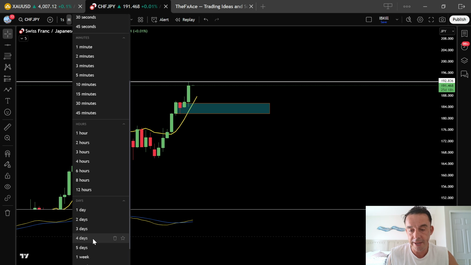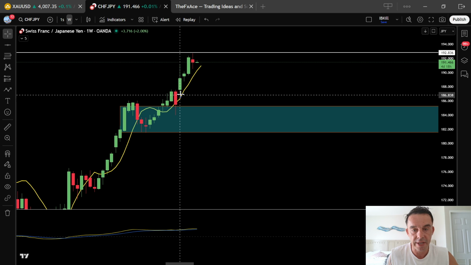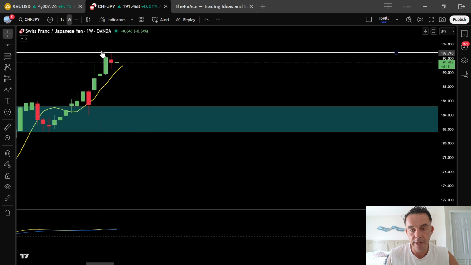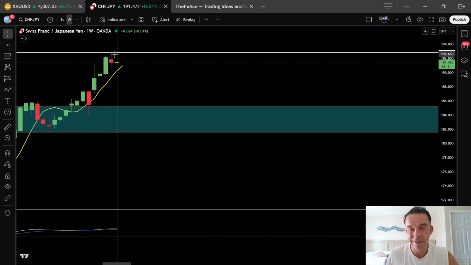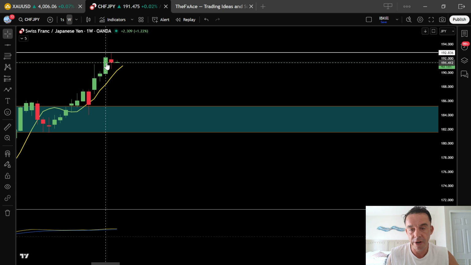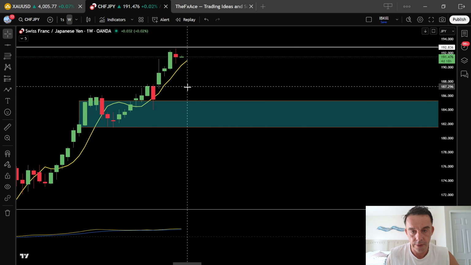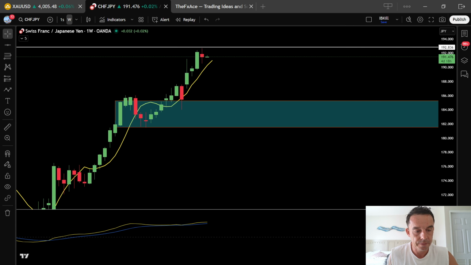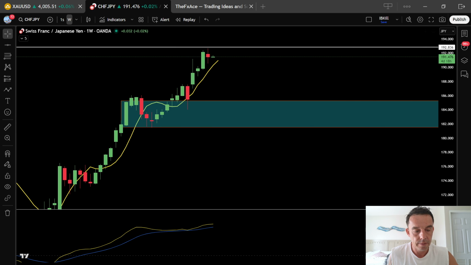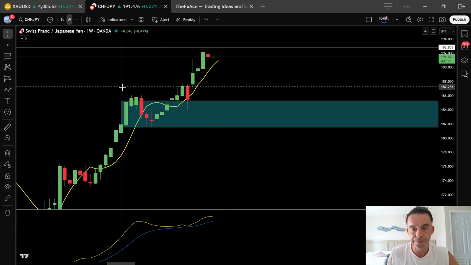Zooming out to the weekly, a pretty overextended move here, but a spinning top signaled indecision last week. Didn't really break out higher like previous weeks. So still above my short-term moving average. Actually, moving averages look like they are starting to cool down.